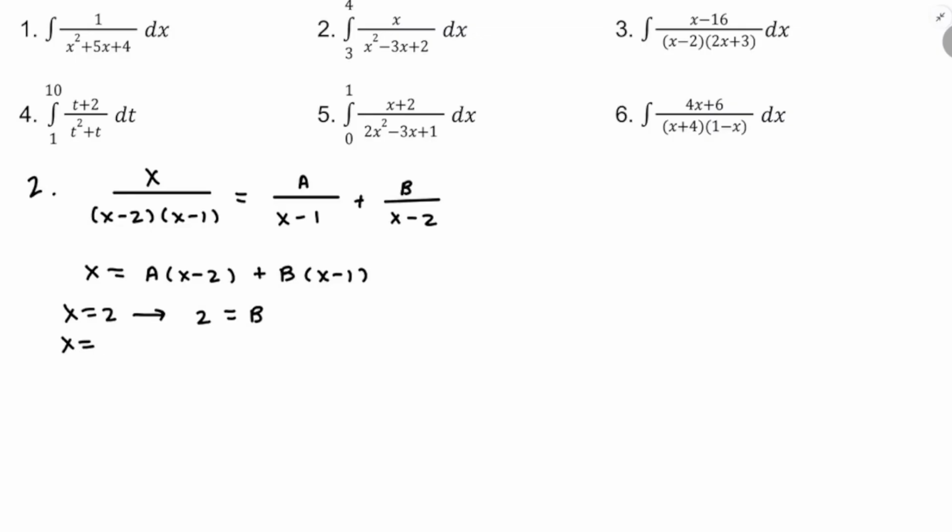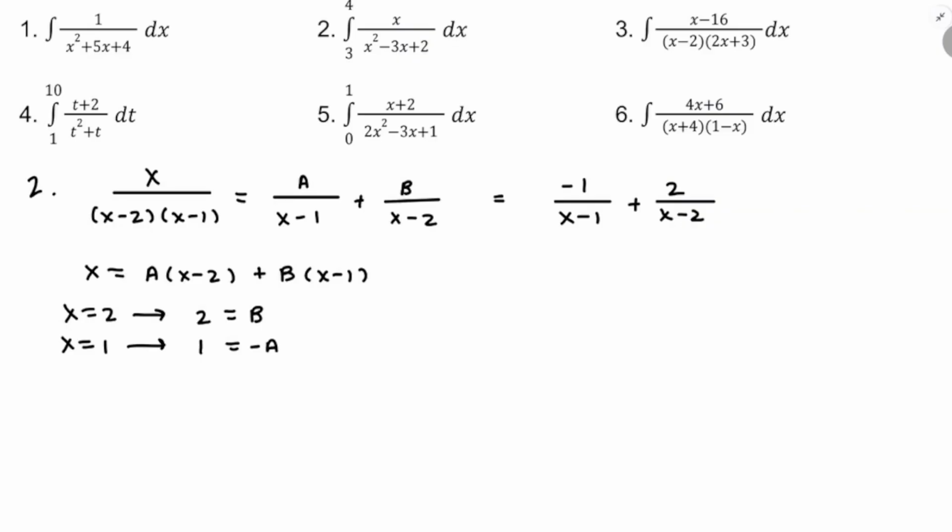And if x equaled 1, I would have 1 equaling -A plus 0B. Okay, so that means A is -1. Now, I could write -1 over x minus 1 plus 2 over x minus 2, and that's going to be the exact same, but I think I might write it so that the minus sign's in the middle.